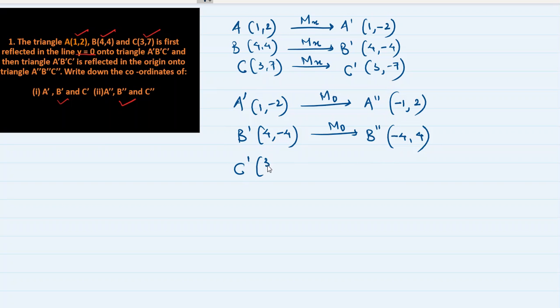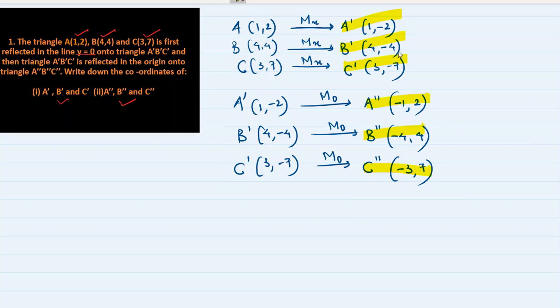C dash, which is (3, -7), when reflected in the origin becomes C double dash, which is (-3, 7). So these are your required answers, the coordinates of A dash, B dash, C dash and A double dash, B double dash, C double dash.